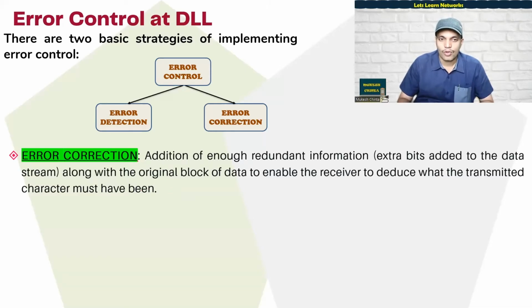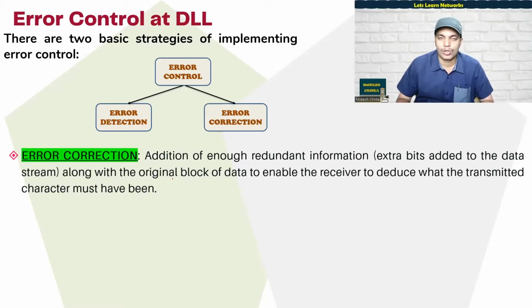In other words, we add enough redundancy. Redundancy is the additional information that we add for the purpose of error control. So if you add enough redundancy so that the receiver is able to deduce which bit positions are received in error, and it can generate the original data, then we call it an error correction technique.